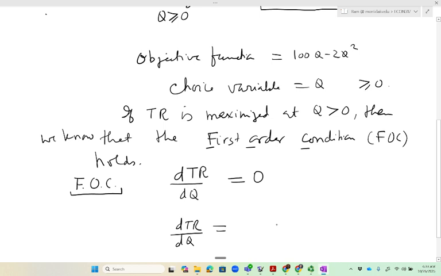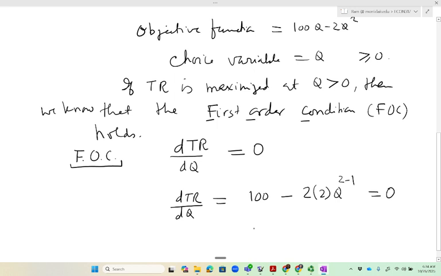Derivative of 100 times Q is 100, minus the derivative of 2 times Q square. So it's 2 times 2 times Q to the power 2 minus 1. And this expression must be equal to 0. This is the first order condition.